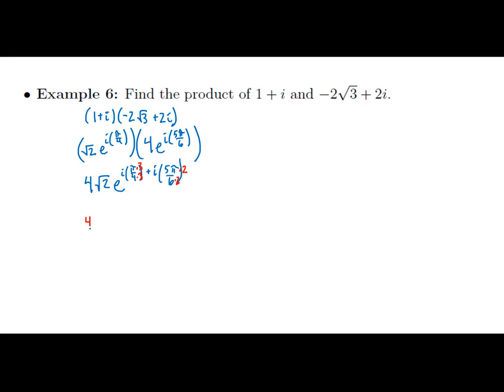And so I get 4 root 2 e to the i, and since I have an i in both terms, I'm just going to write it like this: 3 pi over 12 plus 10 pi over 12. So this is going to be 4 root 2 e to the i times 13 pi over 12. And this is our answer in polar form.